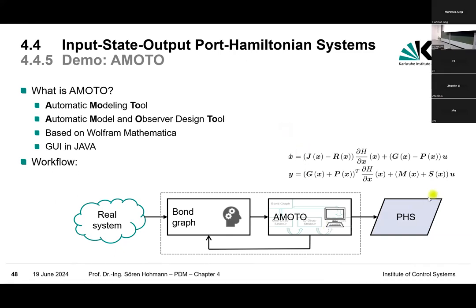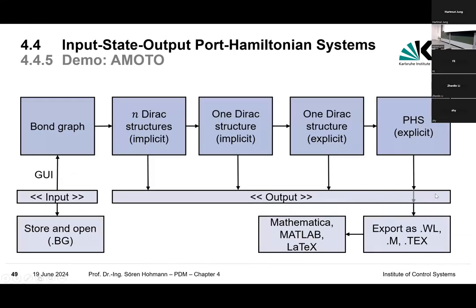And this was implemented later in the structure. It's not so difficult to see the different steps of what we did. We have a bond graph. We look at the Dirac structure. We make this Dirac structure implicit first. Yes, because if you look at the bond graph, it's first an implicit Dirac structure as before.